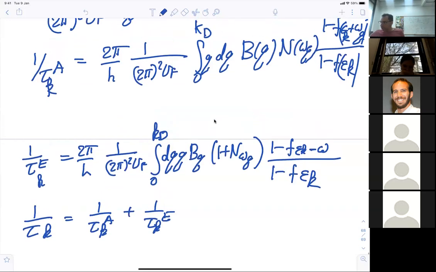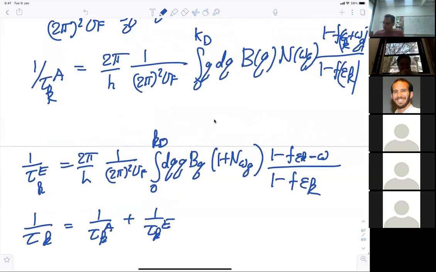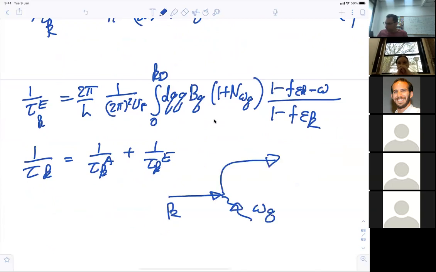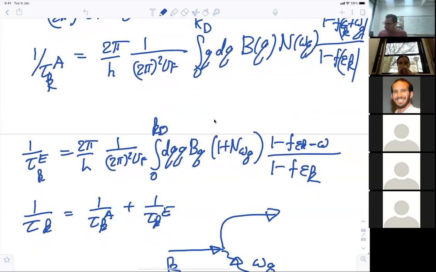Okay, so there are two processes. One process is absorption. So you have an electron at the state k. It absorbs a phonon with frequency omega q and goes up in energy.